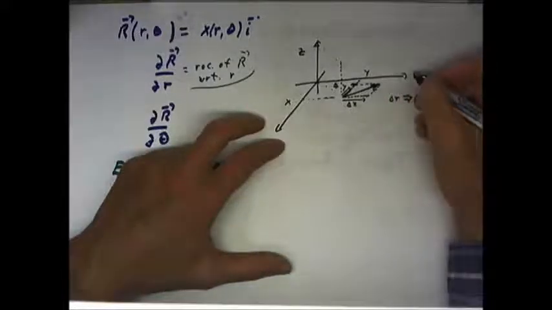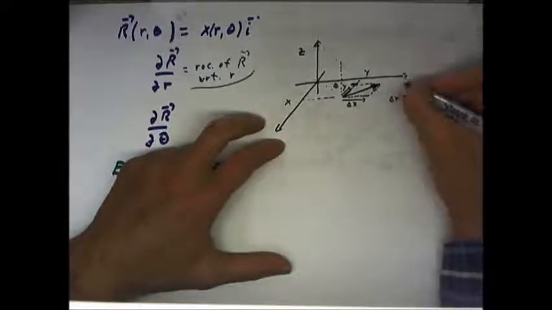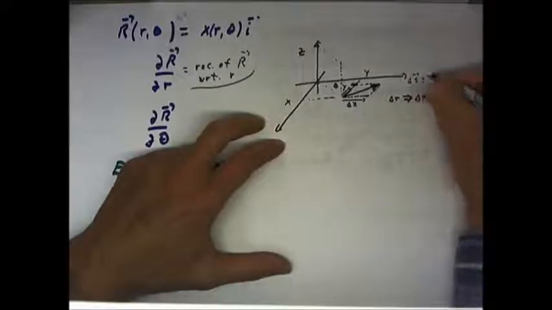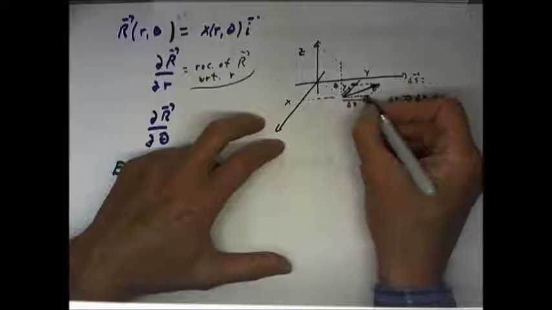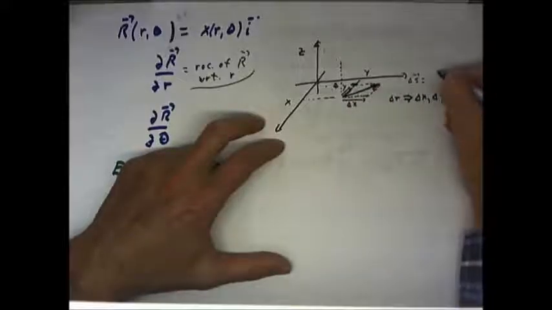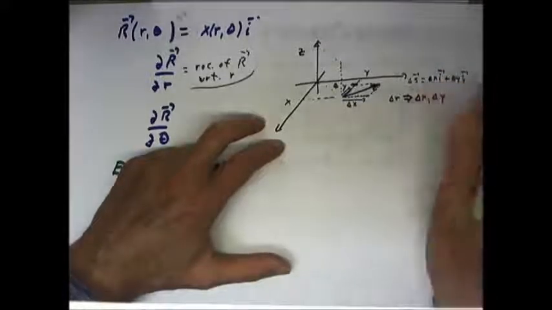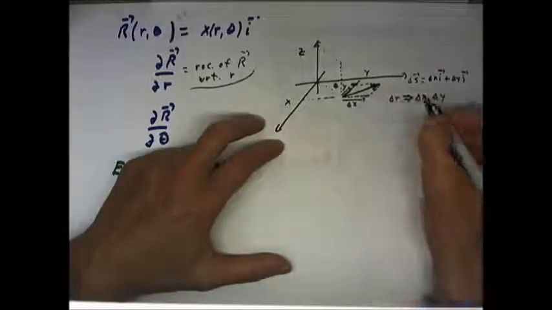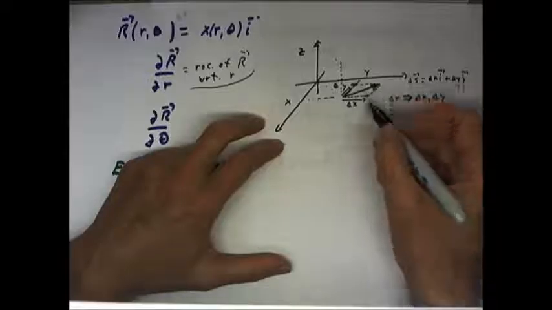And we're going to call that change of position delta S, and that's going to equal delta x i plus delta y j, where the delta x and the delta y are the changes in x and y that result from this change in r.